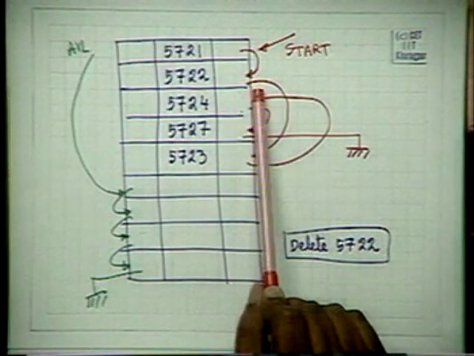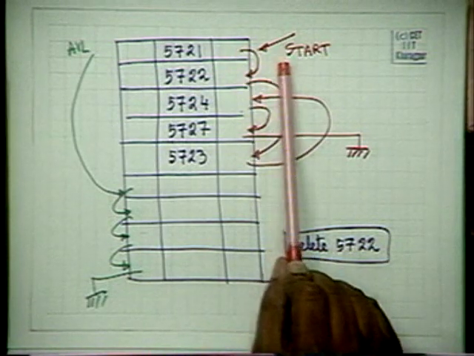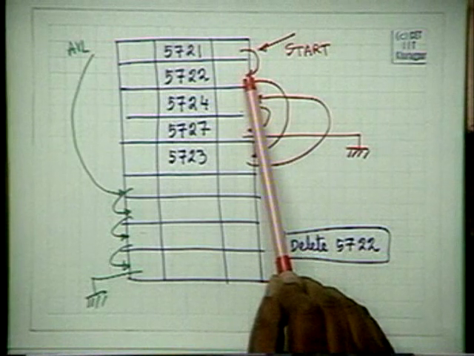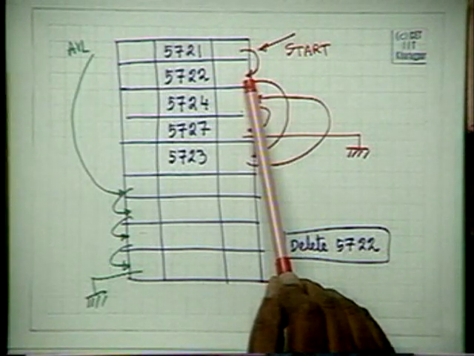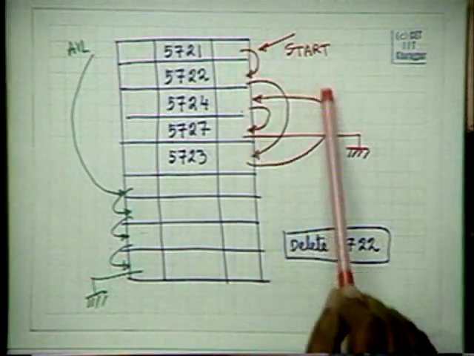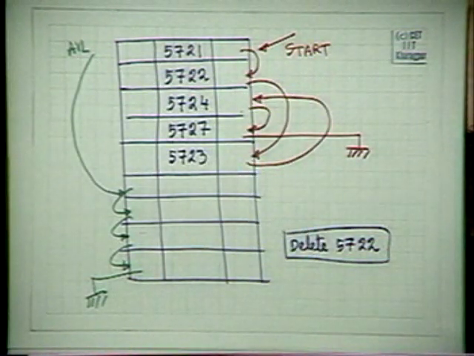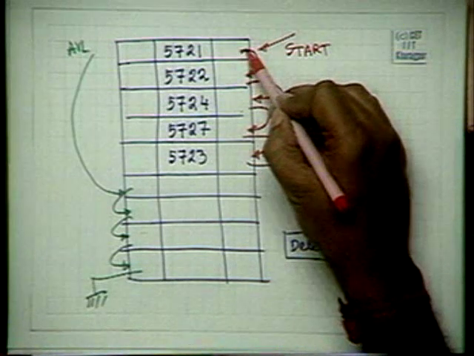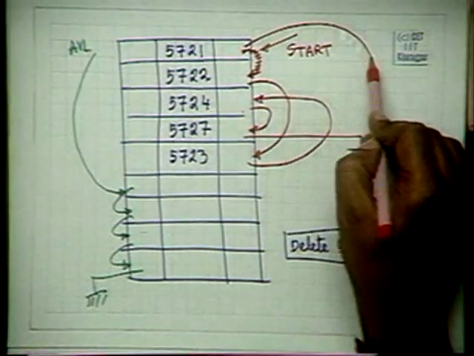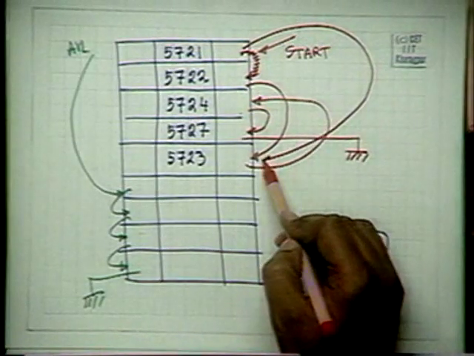So my steps are, this will now point to the next one. So 5721 will point to where 5722 was pointing to. 5722 was pointing here, so this pointer will now point here.